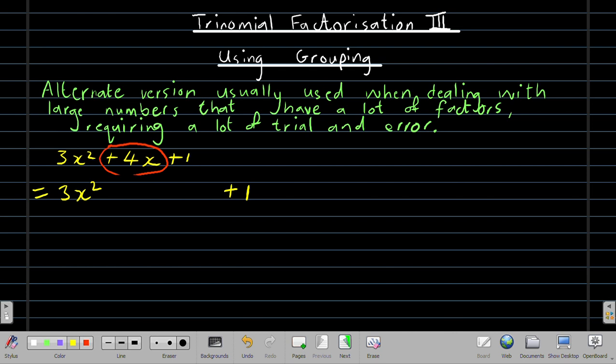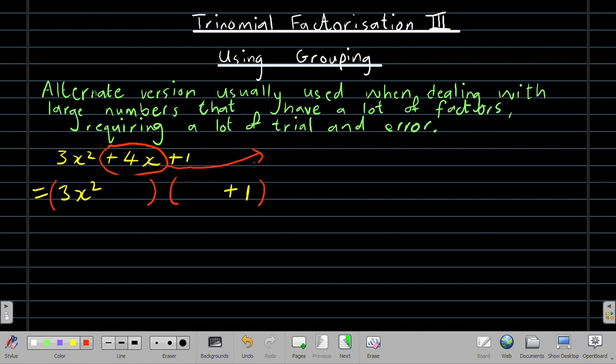So what we want to do is break it up so that we are able to get a group of terms here and then another group of terms here wherein you can actually take out a common factor. All right, so we have 4x here.